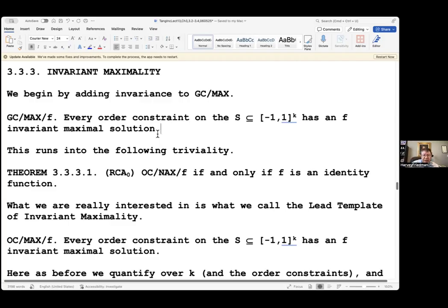It means that a set S is said to be F invariant if for every sequence in K dimensions, for every P1 through Pk in the domain of F, where F is a partial function from -1 into -1, you have the tuple is in S if and only if F of P1 through F of Pk is in S. In other words, you're just applying F coordinate-wise.